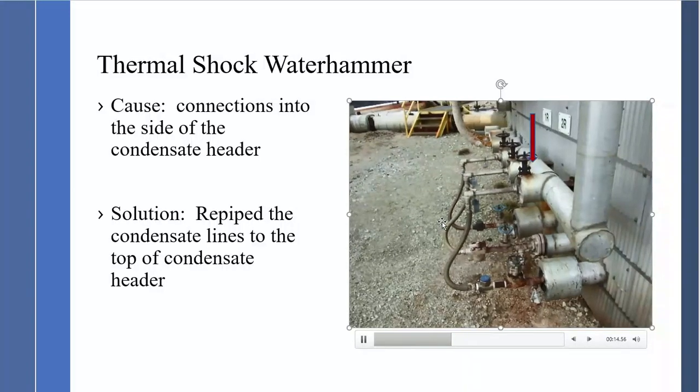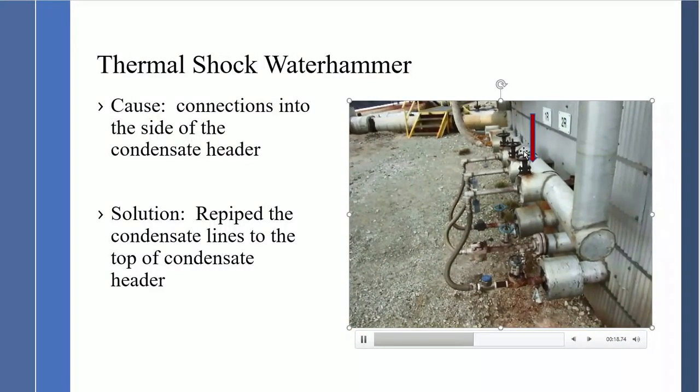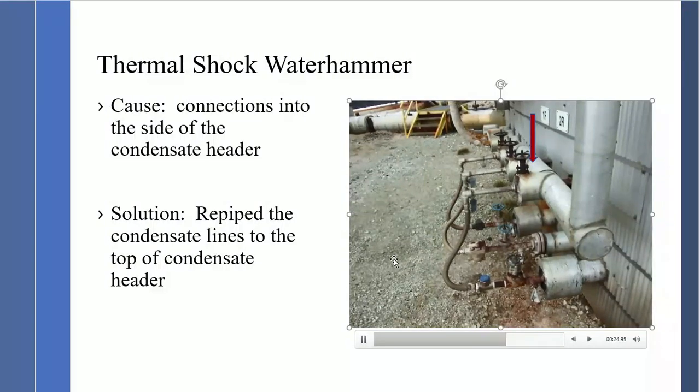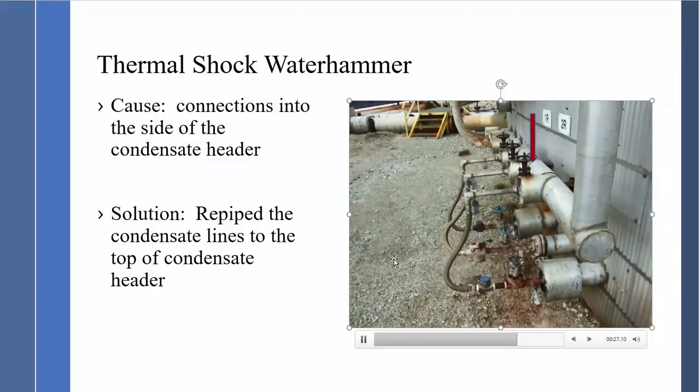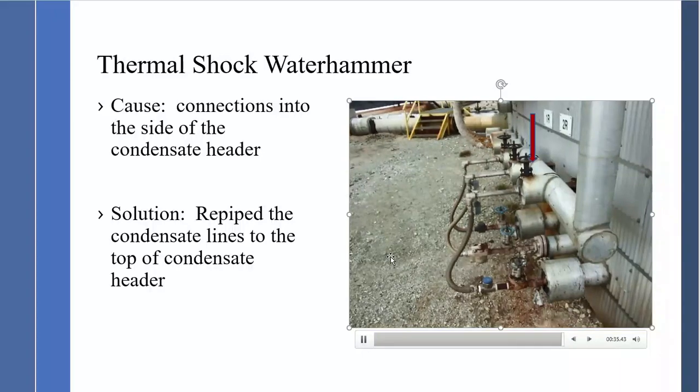Solution to this? Very simple. Repipe back into the top of the header and the Waterhammer will go away. As you see, they went through a variety of steam traps, piping and flex hoses trying to resolve the Waterhammer. It's not going to resolve it. Piping to the top of the condensate header resolves the Waterhammer.